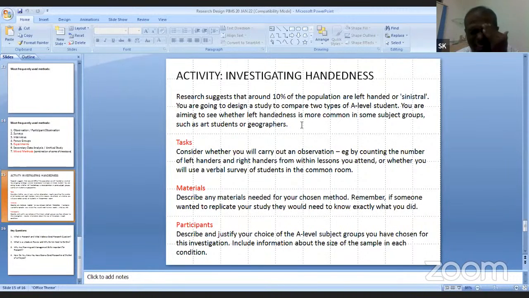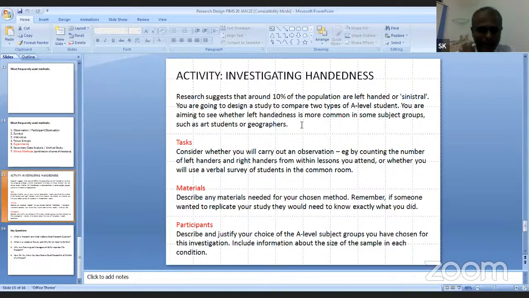If you want, you can take a screenshot or take a picture of this. The organizers of the workshop would like you to submit your answers, or what work you've done for this activity, to them. I don't know how they expect the answers to be submitted, through email or some other means, but this is a suggested activity, hoping that you've understood some of the principles I mentioned today based on the talk that I gave.